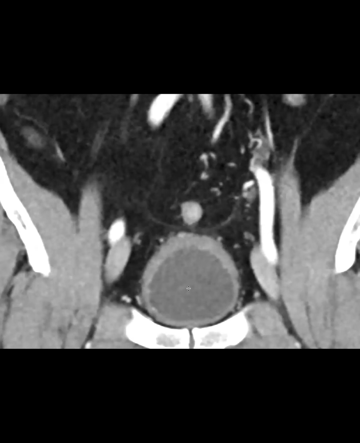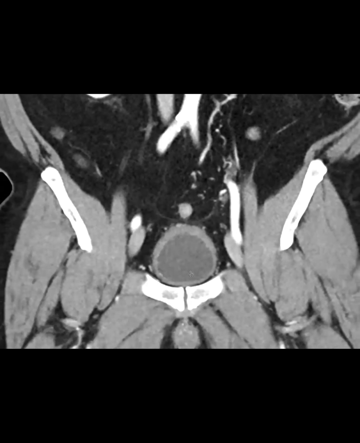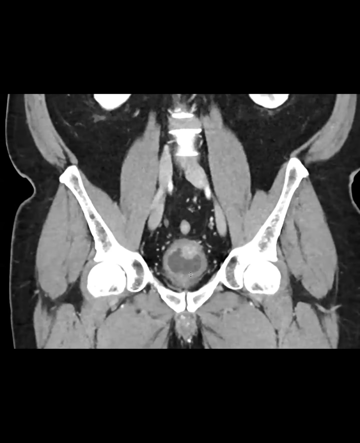Sorry, I completely agree. And I actually feel like this is a better phase than the excretory phase, which annoys me. Half the time it's layering contrast.